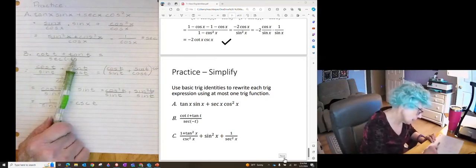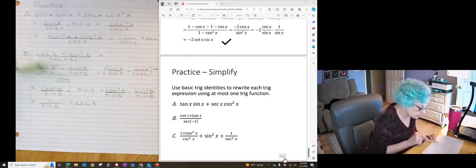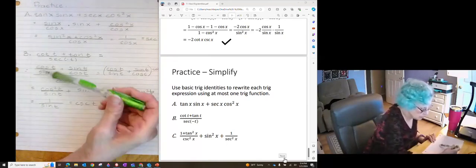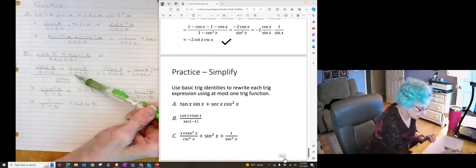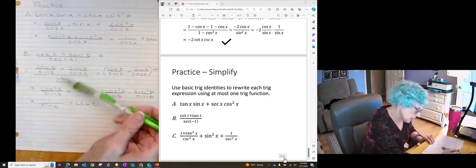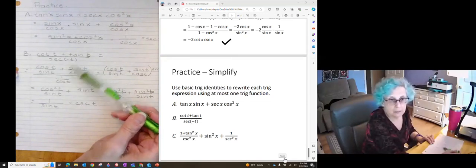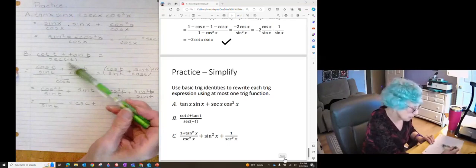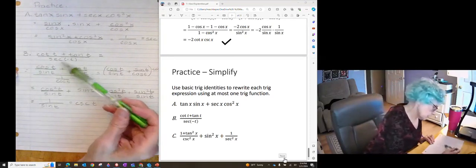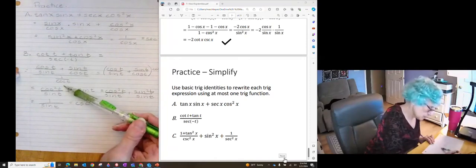So again, I wrote them as their reciprocal, as their quotient functions. So cosine over sine and sine over cosine. And then I rewrote secant as its reciprocal, and I took advantage of the fact that secant behaves the same as cosine. So secant of negative t is the same as secant of t, which is 1 over cosine.